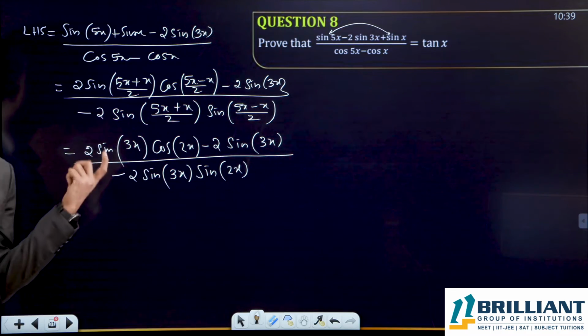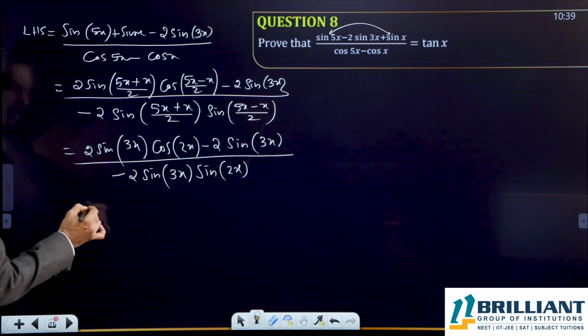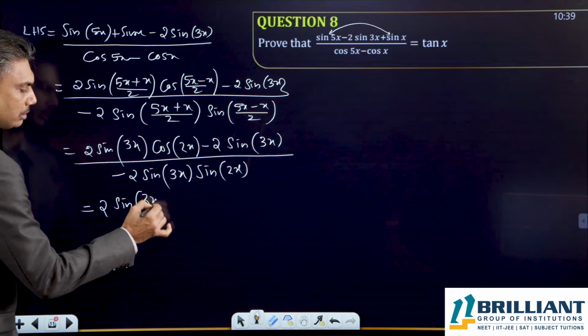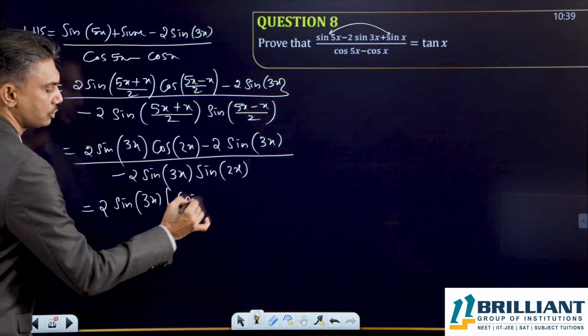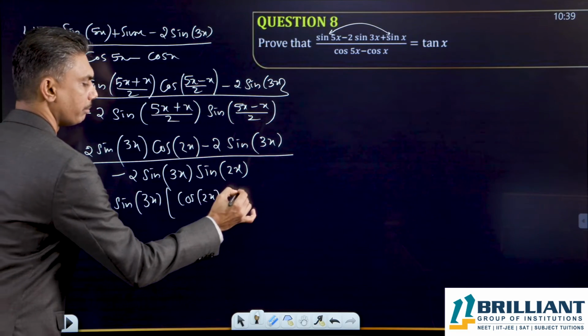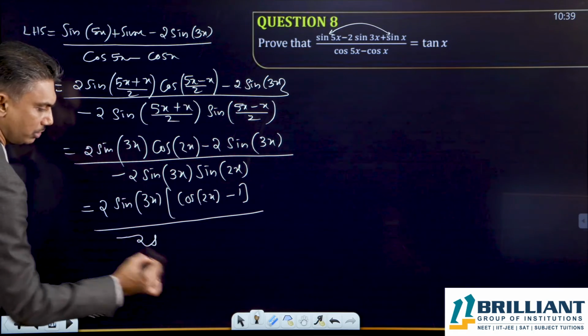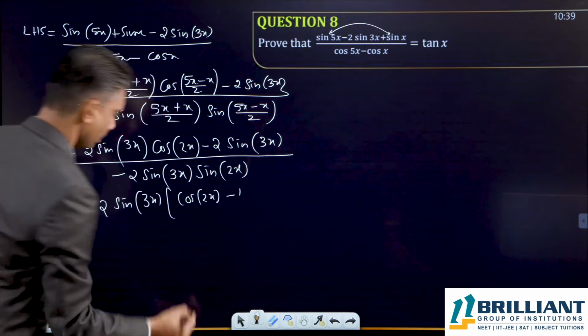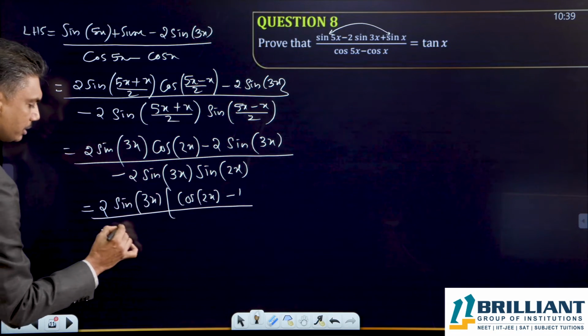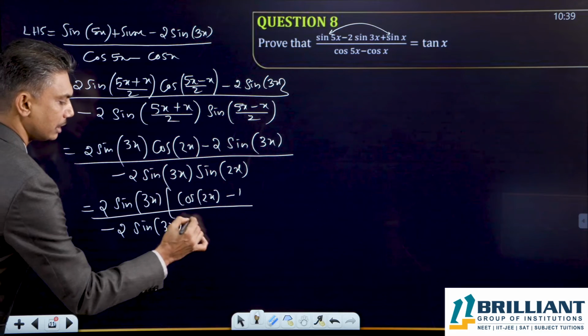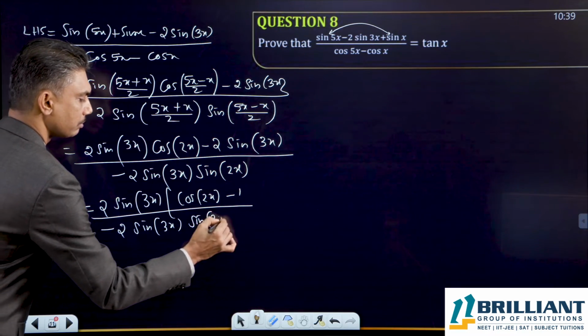Now, what can you take common from the numerator? 2 sin 3x into (cos 2x minus 1), by minus 2 sin 3x into sin 2x.